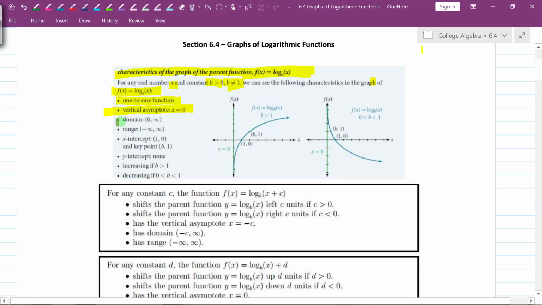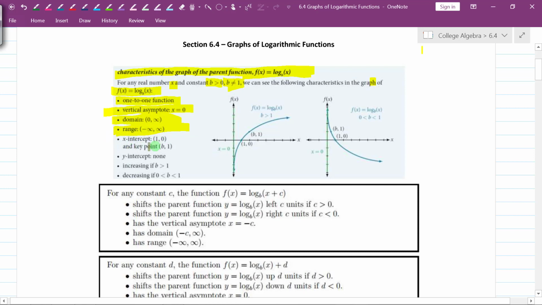The domain is all real numbers that are positive, which is exactly what you would expect, simply because the range of the exponential function is 0 to positive infinity. Our range for the logarithmic function is all real numbers, which makes perfect sense because the domain of the exponential function is all real numbers. Now, we have one known point.